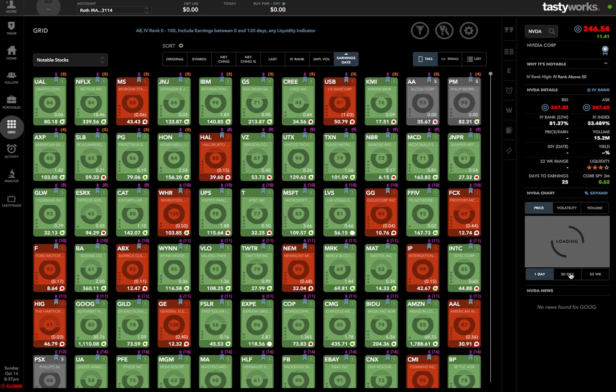I don't think it's going to show too much, but then you could go with volatility and how the volatility is on this stock, and also the volume. Okay, so it's not showing what the volume is.